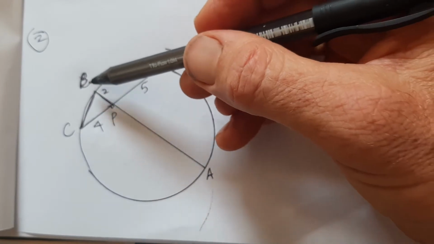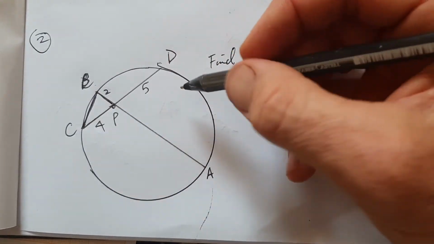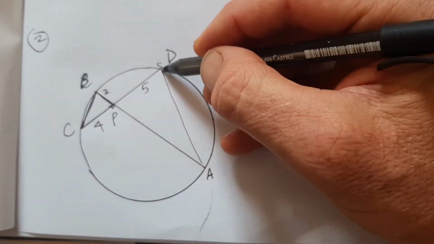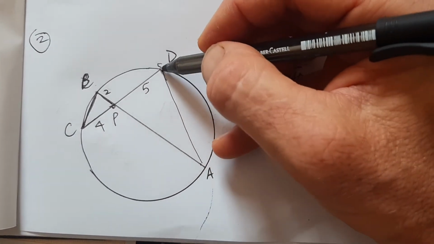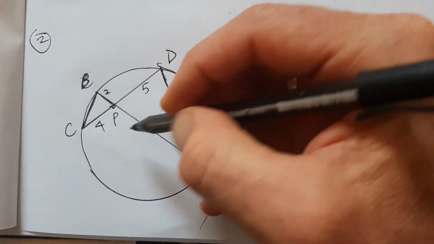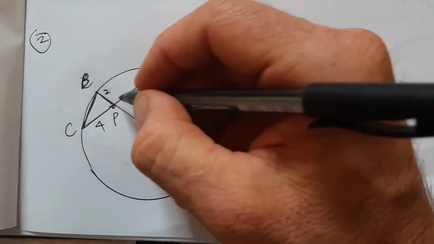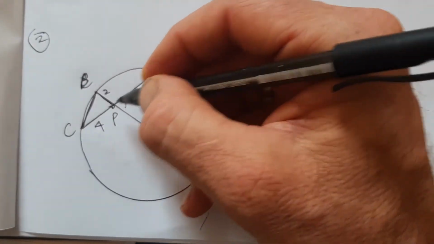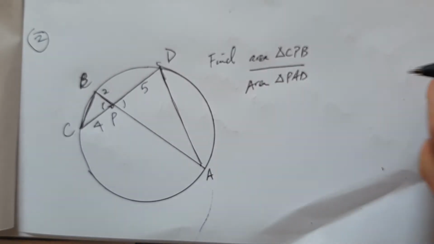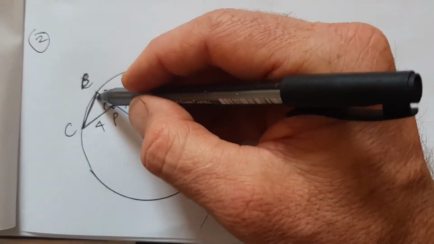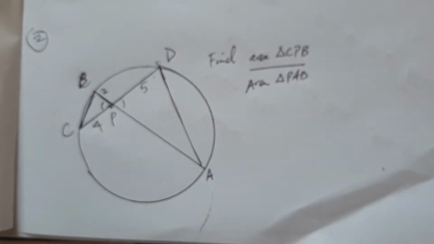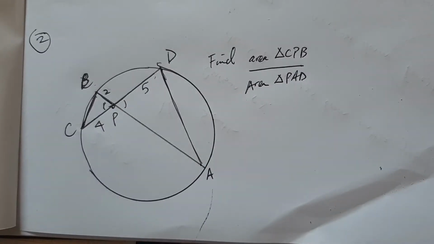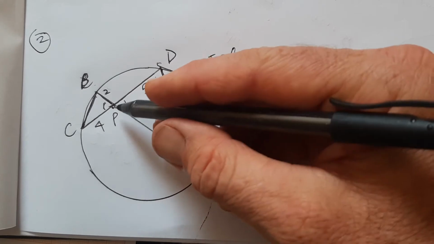Why is BPC a similar triangle to DPA? Because you're in a circle and the way it cuts out, this angle is congruent to this angle. And why are these two angles congruent? Boy, that proof, I'd have to go back and look that up. But anyways, you've got two similar triangles.